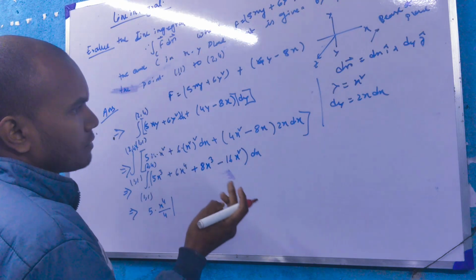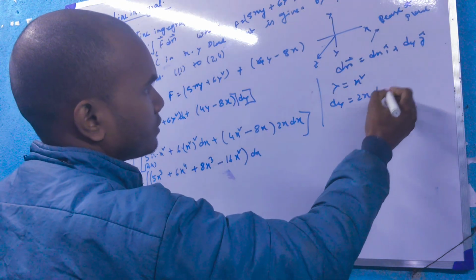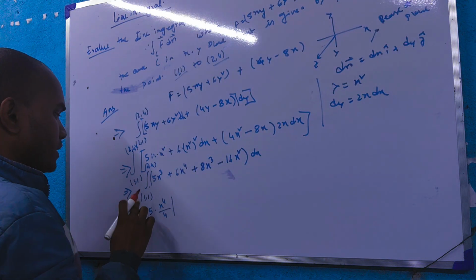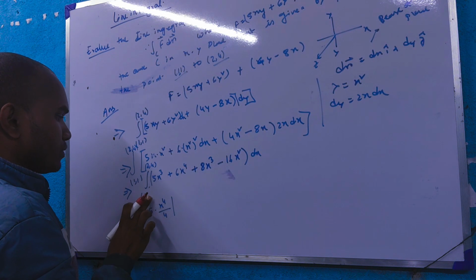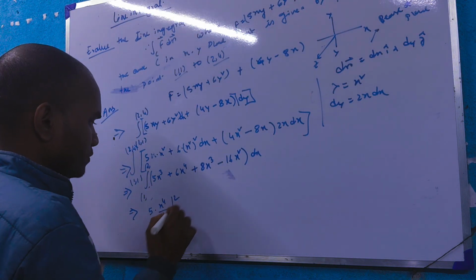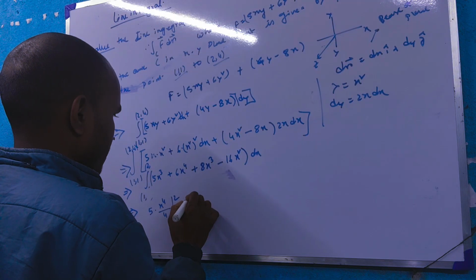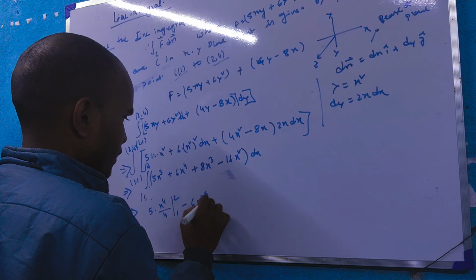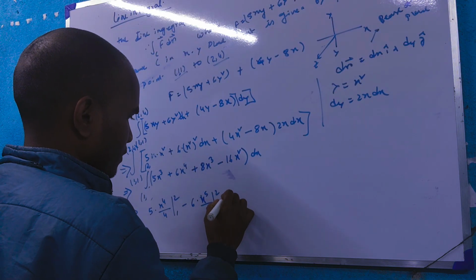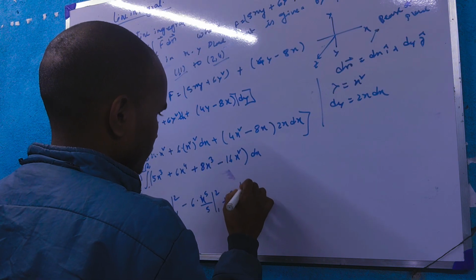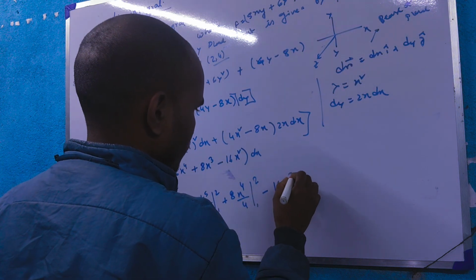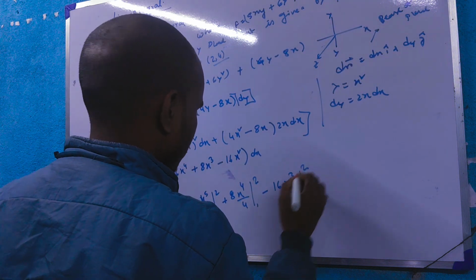When I take the point name, it is given as 1,1 to 2,4. So for the x value I am taking the integration from 1 to 2. So it will be 6 into x to the power 5 divided by 5, 1 to 2, plus 8x to the power 4 divided by 4, 1 to 2, minus 16x to the power 3 divided by 3, 1 to 2.